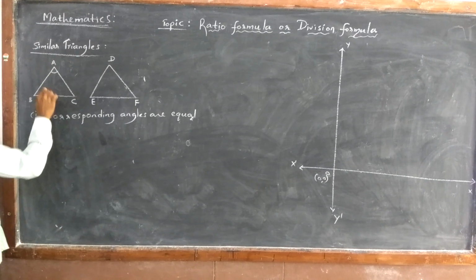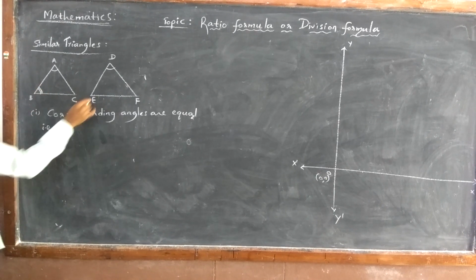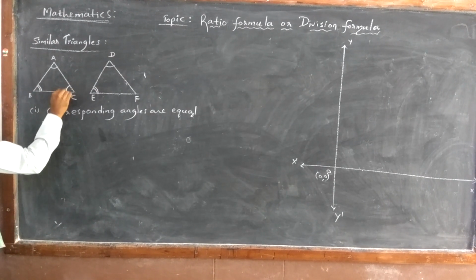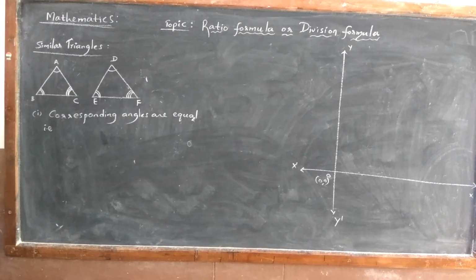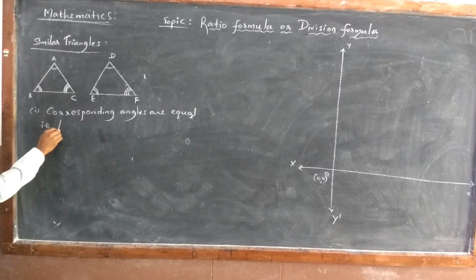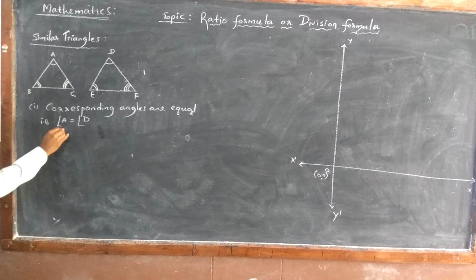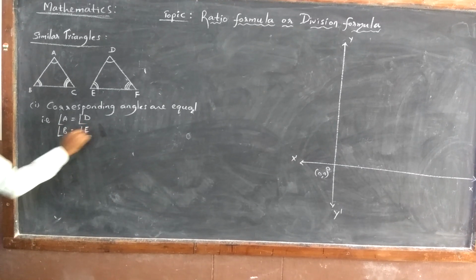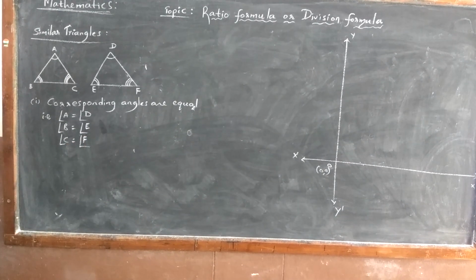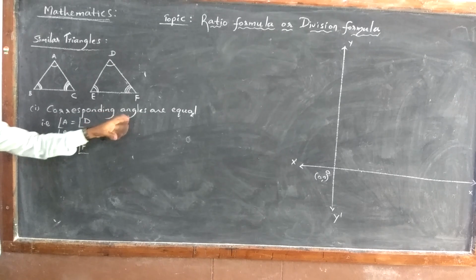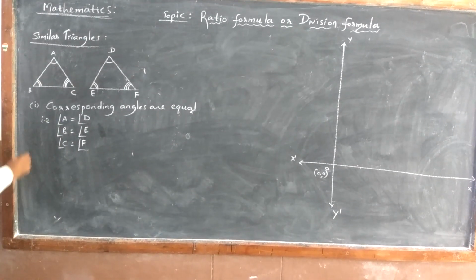For A, the corresponding angle is D. For B, E. For C, F. So angle A must be equal to angle D, angle B must be equal to angle E, angle C must be equal to angle F. Three pairs of corresponding angles must be equal.